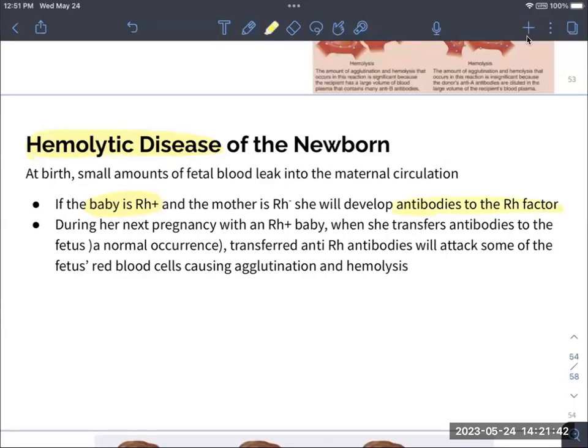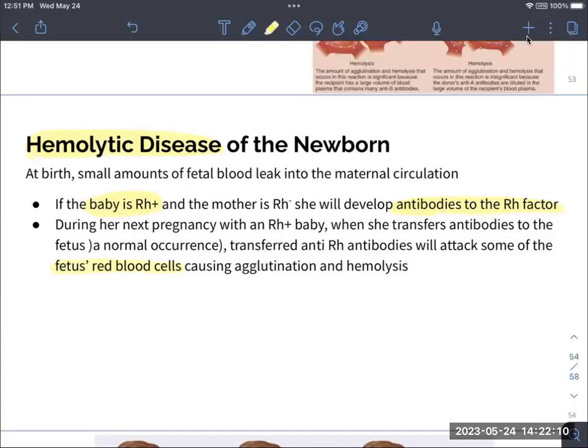So if she has another child and the same thing happens, mom's Rh negative, that baby is Rh positive again. Again, small amounts of that blood are going to leak out. And what's going to happen is the antibodies are going to go out and attack some of those fetal red blood cells, breaking them down.